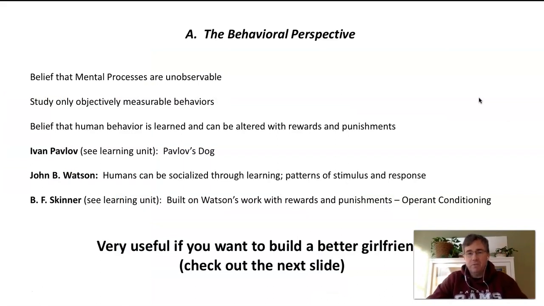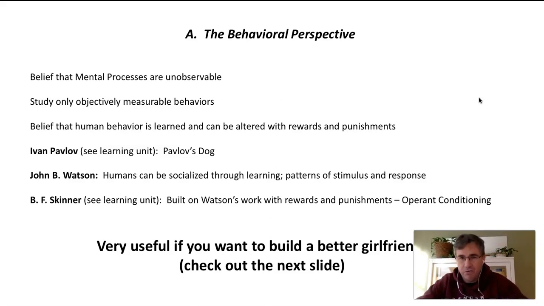The first of these perspectives is the behavioral perspective. The idea is that mental processes are unobservable. You can't see anything, so you can only study measurable behaviors, things you can see and count and check off on a list. Behaviorists believe that human behavior is learned and we can alter it with rewards and punishments, right?